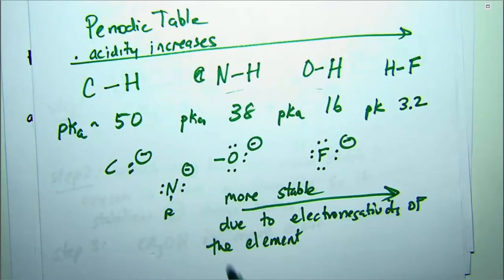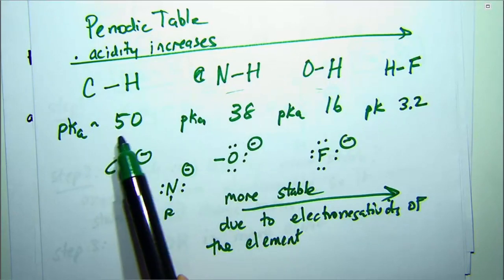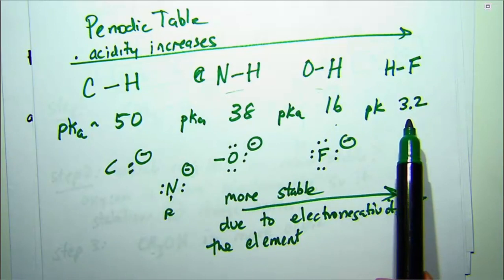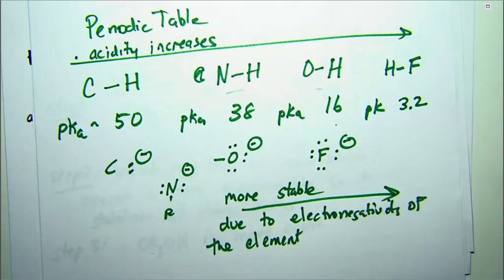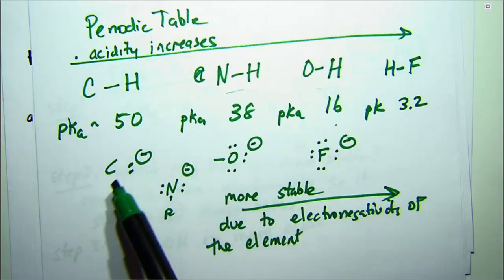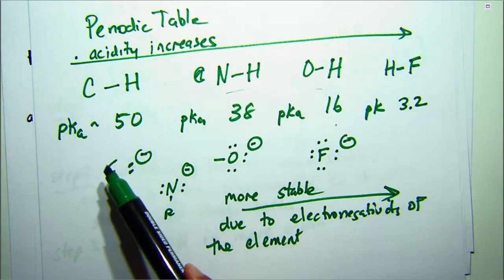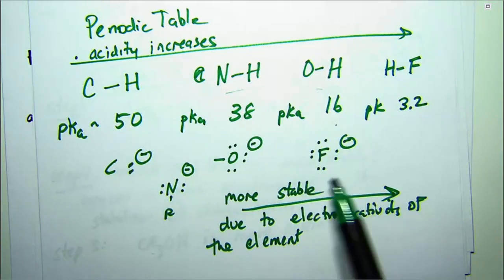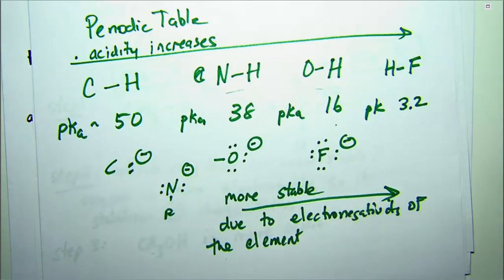But what you guys can see here is I drew out the pKa's, so 50, 38, 16, 3.2. And then I drew out the conjugate bases, so C minus, N minus, O minus, F minus. And these conjugate bases become more stable going across the periodic table towards F minus, due purely to electronegativity.